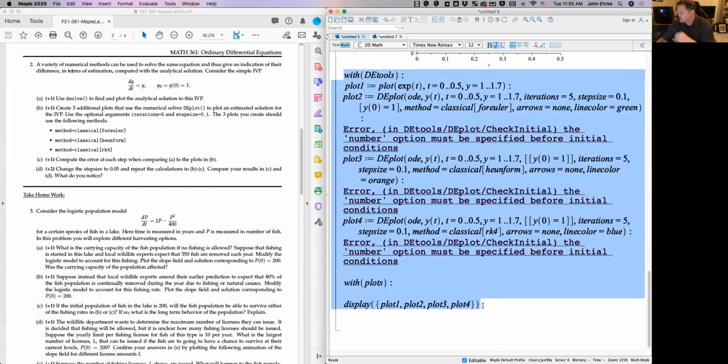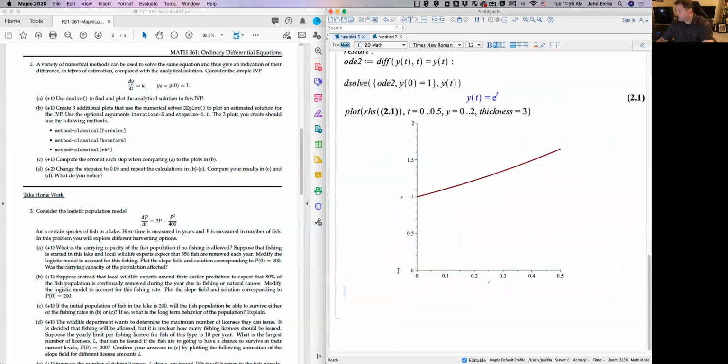Okay, even if that's not going right, there's something else that we can do to get it that I'm going to show you as well. The other thing I want to show you is a very nice thing in the numerical analysis package. So if you go and load with student numerical analysis.